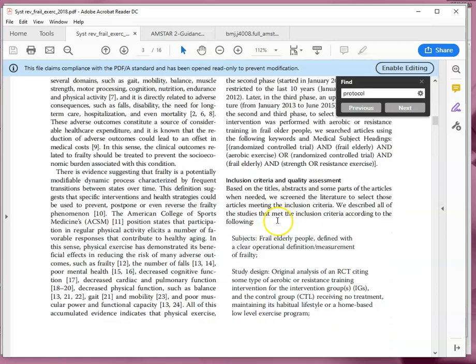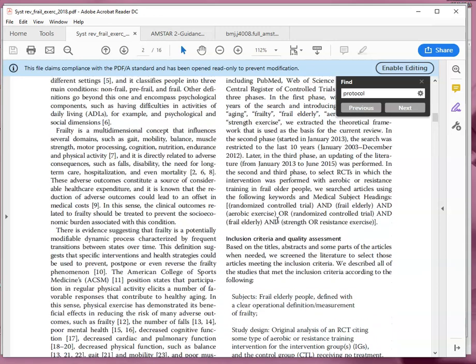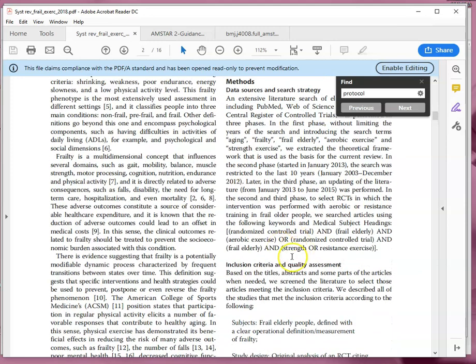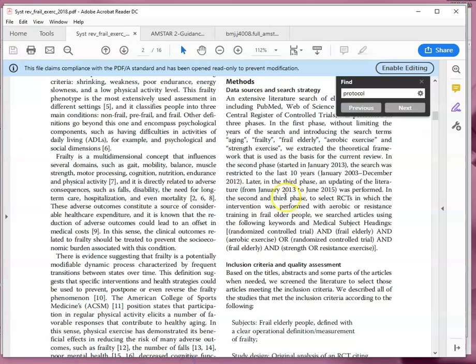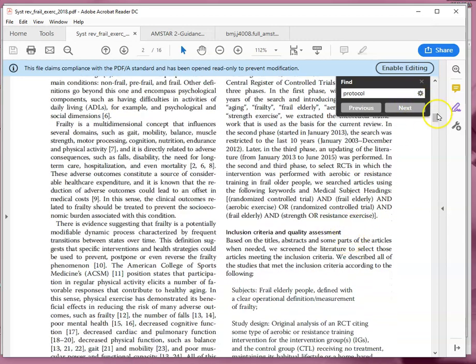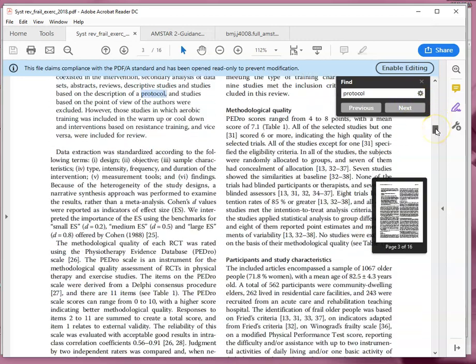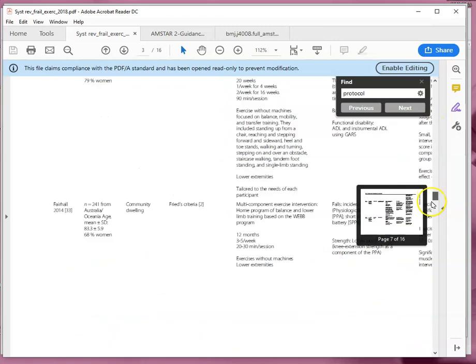But we need to say also about this grey literature. Let's look one more time to this one. Search the reference list, search the consulted experts, search the grey literature. I cannot find that. So they've done quite good things, but not everything. But maybe they are discussing this later on in the discussion.